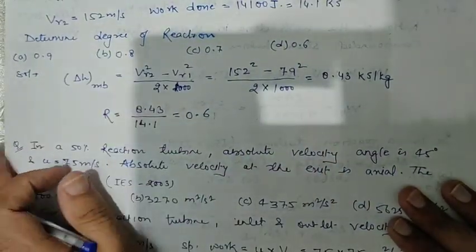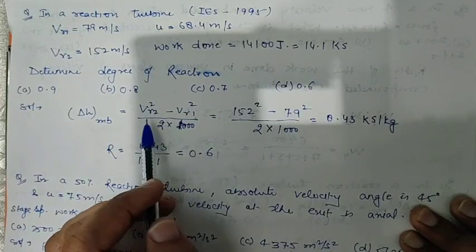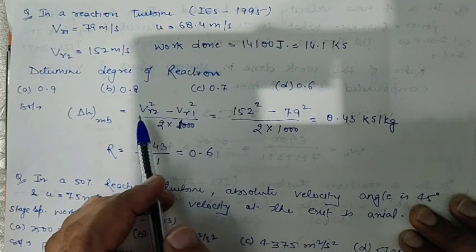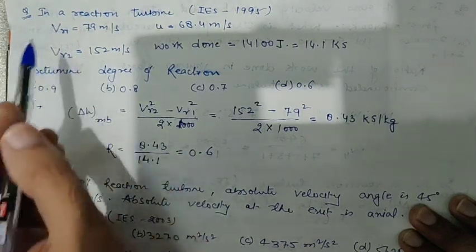So from the given data, enthalpy drop of moving blade is equals to the kinetic energy change due to this relative velocity.